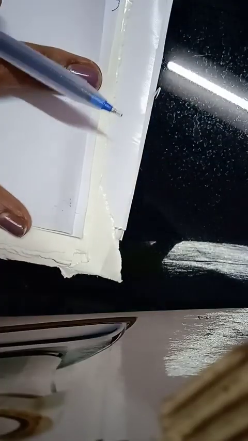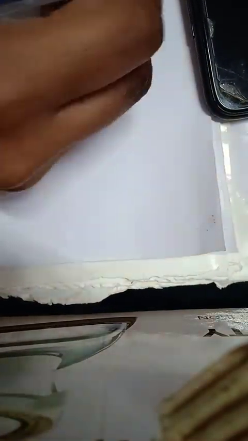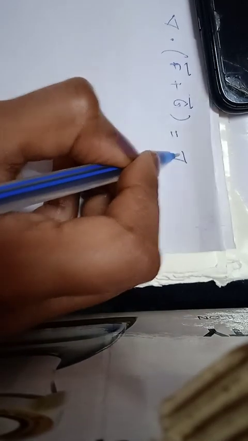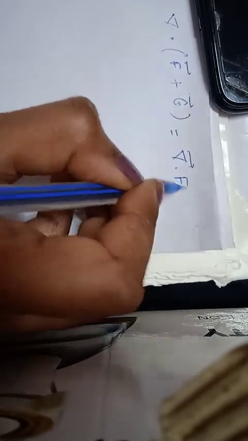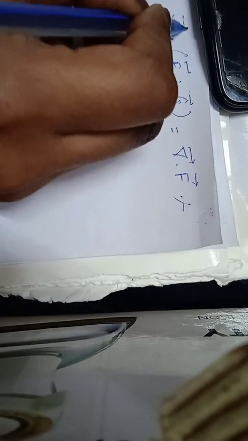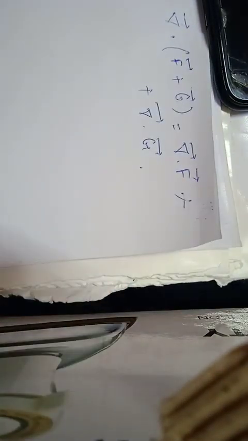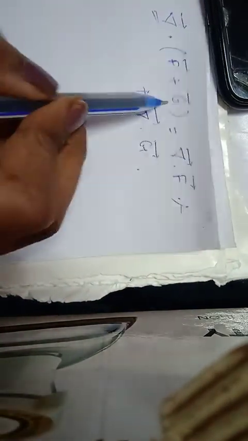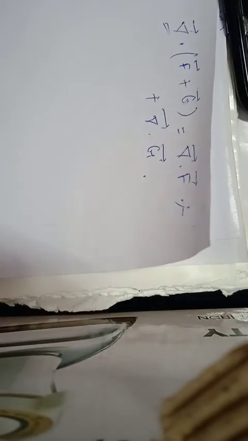The proof is exactly the same: just put in the formula for calculating the divergence, and then by putting the formula in one by one you will get the result.